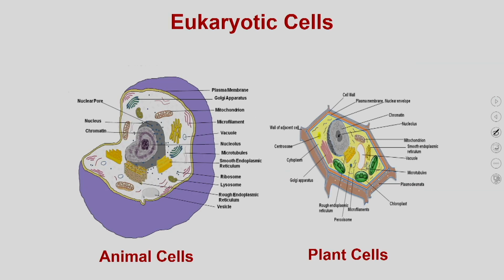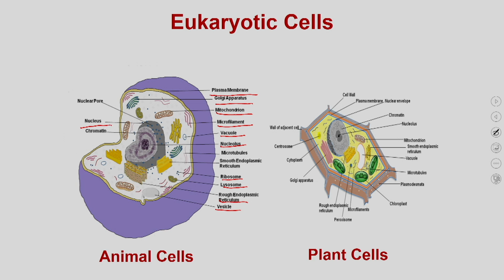In a typical animal cell you have the plasma membrane, the Golgi apparatus, mitochondria, microfilaments, vacuoles, the nucleus, ribosomes, lysosomes, rough endoplasmic reticulum and vesicles. You also have the well developed nucleus, which is the characteristic feature of a eukaryotic cell compared to the prokaryotic cell.